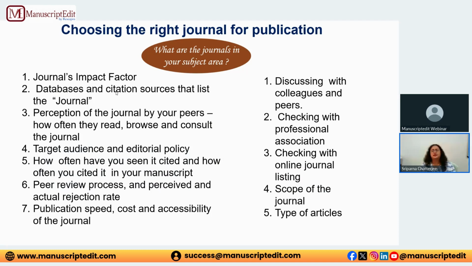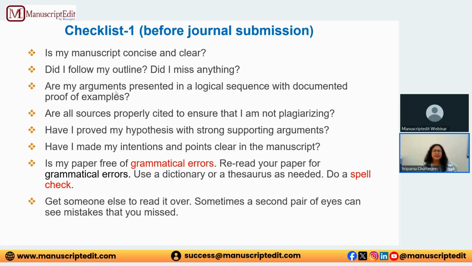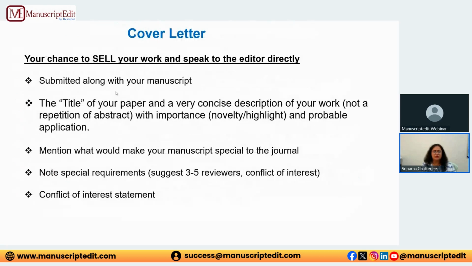There are different kinds of perception. It varies, so it is very difficult to give a clear-cut guideline that you should follow. It varies from group to group, person to person. But the one thing you should do is check whether the journal is a legitimate one or not.